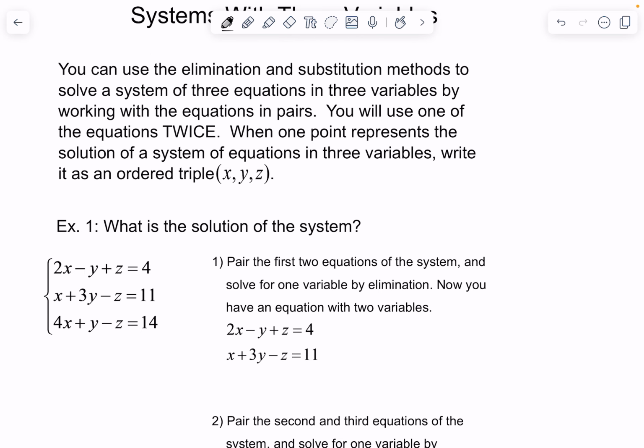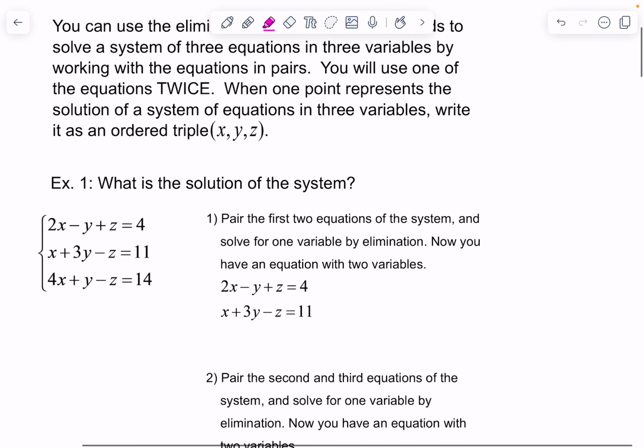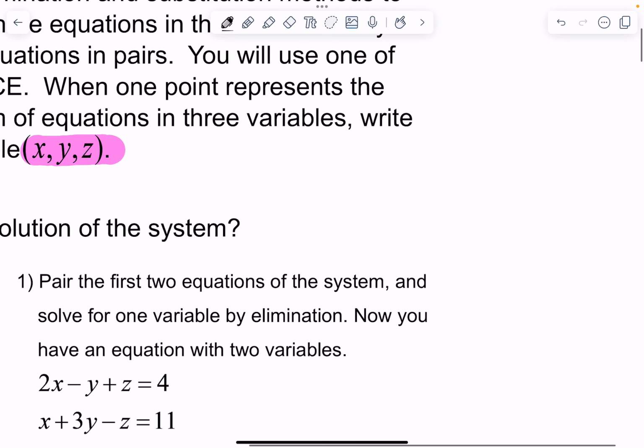And when one point represents a solution of a system of equations in three variables, you're going to write it as an ordered triple. That's right, because you're going to be using the x, the y, and the z. Now, just a little side note. We all know that the x and y axis are as such.